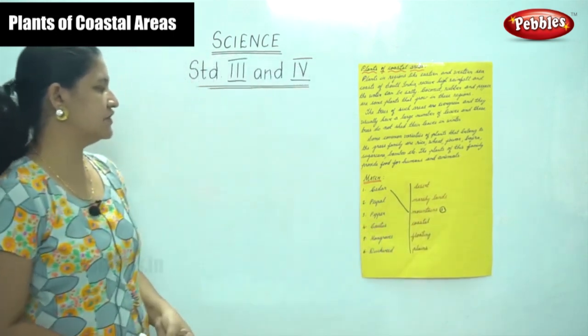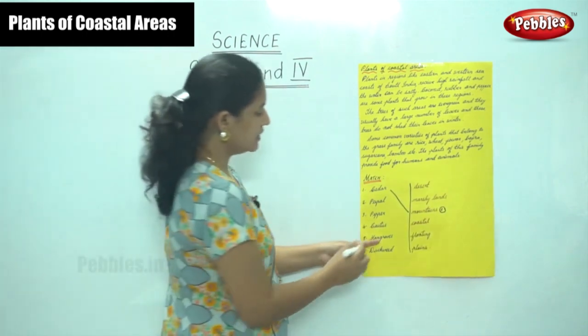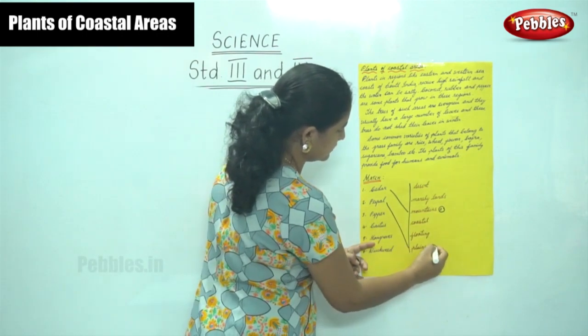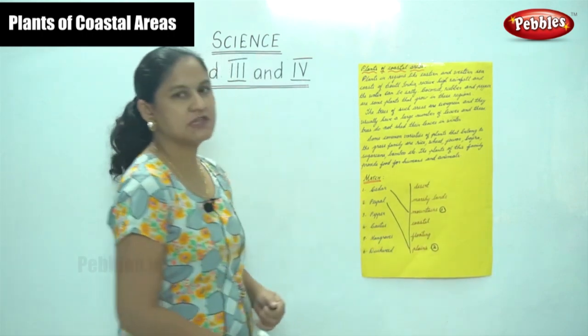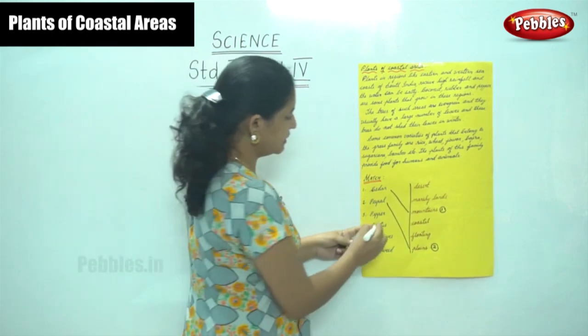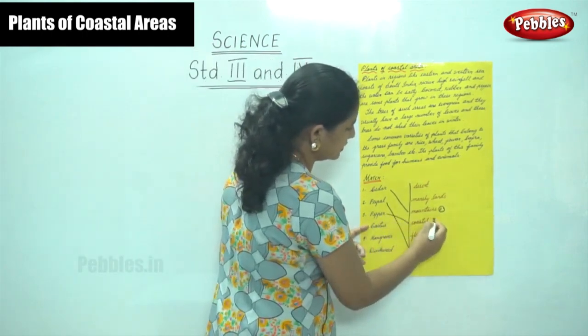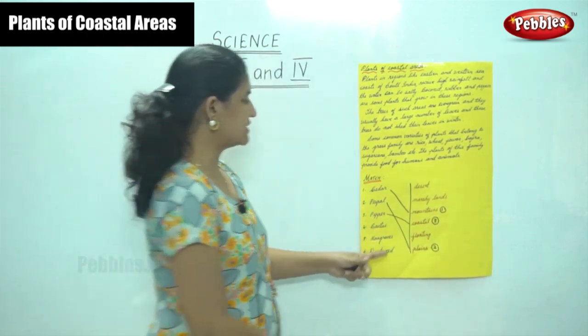The second we have the peepal tree, it is a plant that grows in the plains. Next we have pepper. Pepper grows in the coastal areas. Next is your cactus.